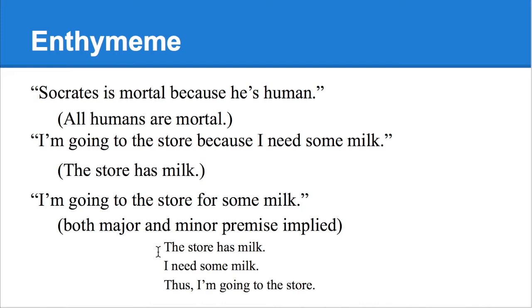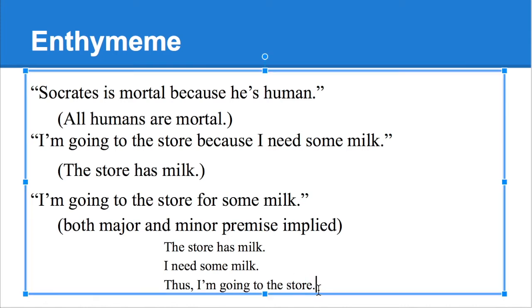And apparently the store has it. Make sense? And if you wanted to spell this out in the formal syllogistic form, it would look like this. The store has milk. I need some milk. So I'm going to the store, right? I didn't need to say those parts. This, in real life, works perfectly fine, but it does imply a couple of assumptions. And those assumptions are, the store has milk and I need some milk.